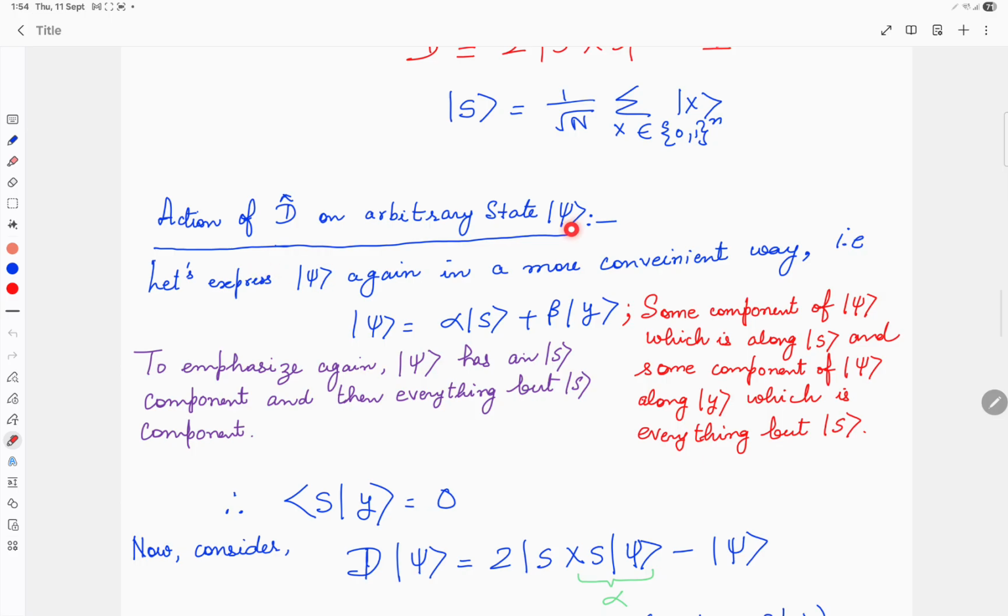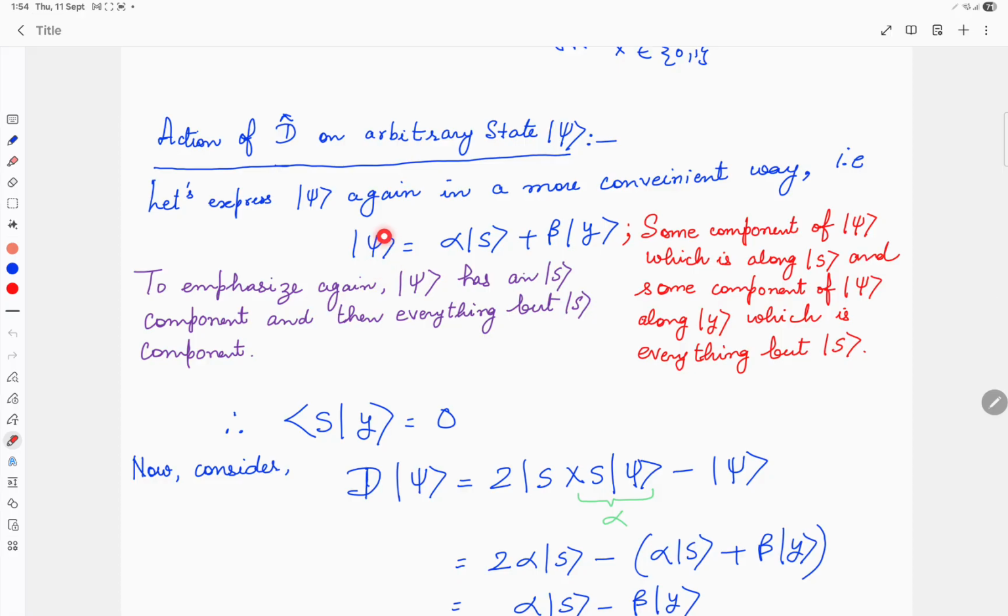And we have the diffusion operator D, and we want to know the action of the diffusion operator D on an arbitrary state psi. We will also geometrically visualize what is happening by considering all these states.